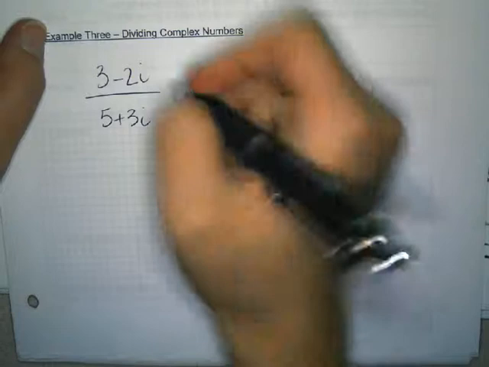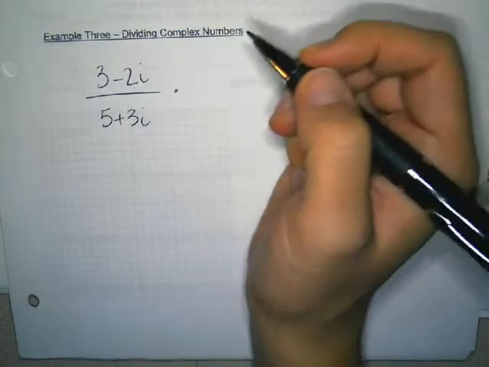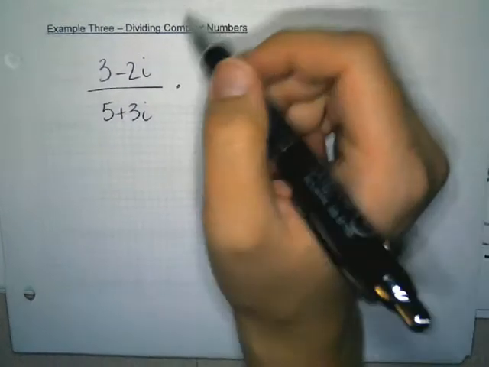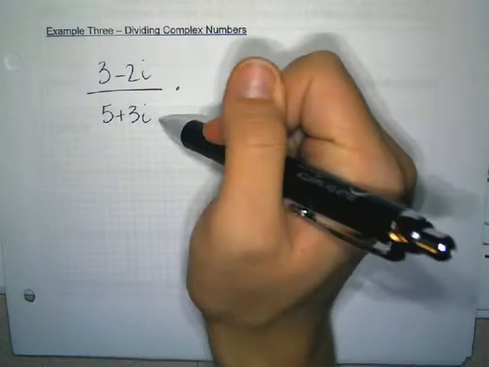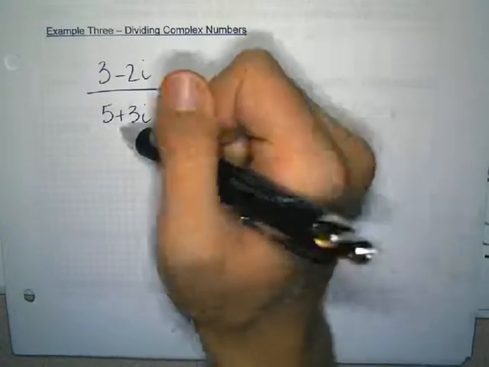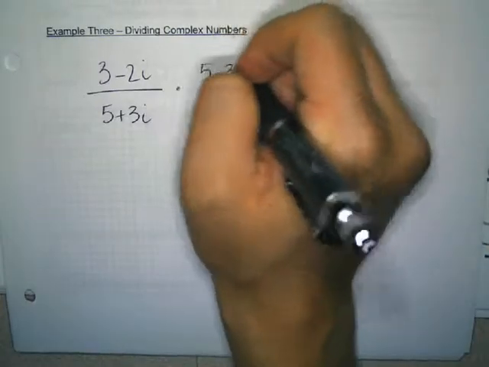When you're dividing complex numbers, we utilize the conjugate that we've talked about. The conjugate is the same thing as the denominator, except the sign in the middle changes. So we're going to multiply by this fancy form of 1, the conjugate.